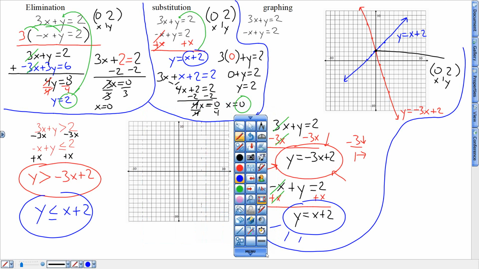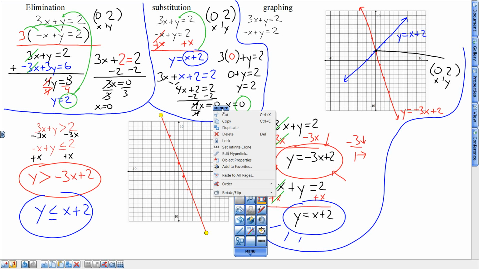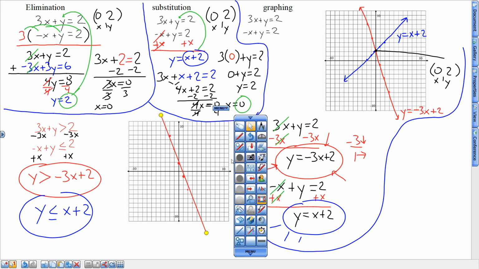Here I go. 1 in red. Start at 2. Right 1, down 3. Right 1, down 3. Stair step the opposite way. That is going to be a dotted line through those points. Going to be a dotted line boundary because of that inequality, missing that little equal line under there.